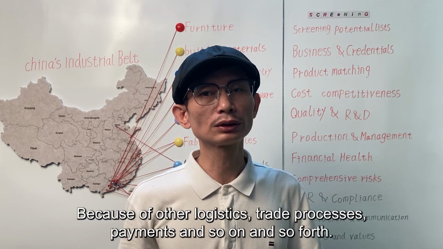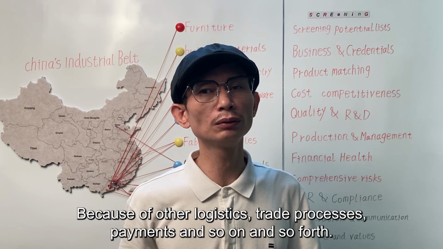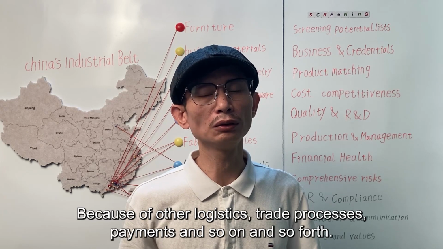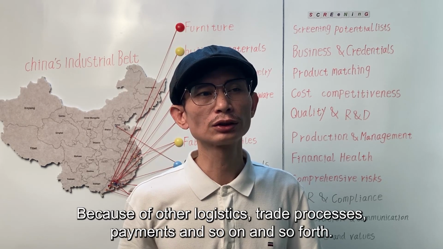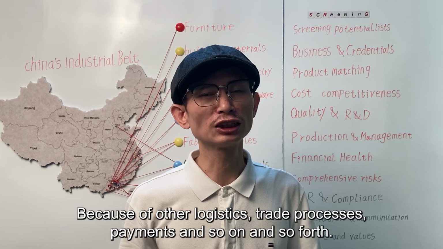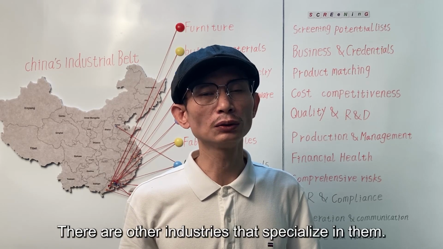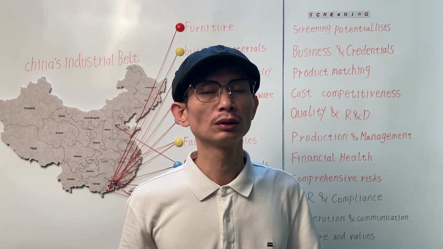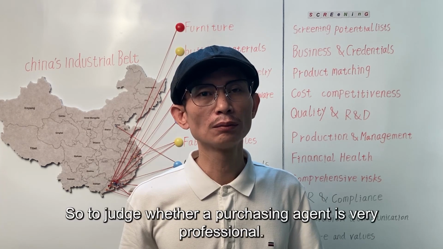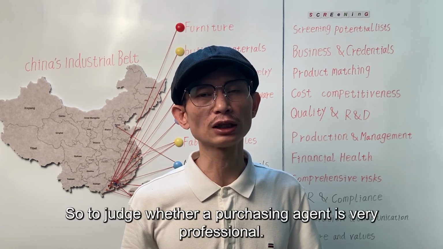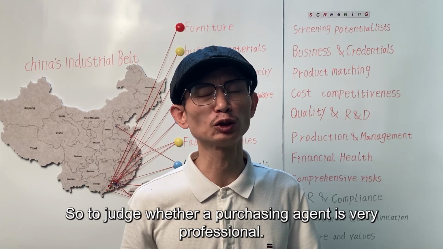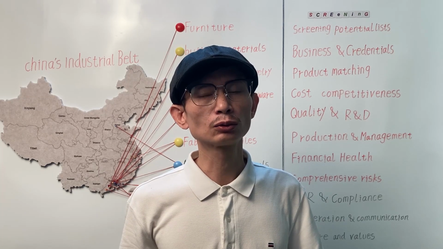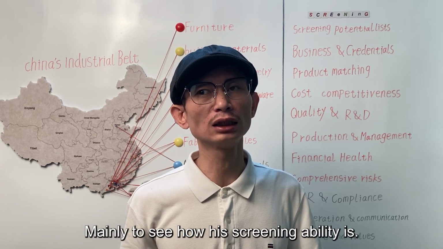Because other logistics, trade processes, payments, and so on, there are other industries that specialize in them. So to judge whether a purchasing agent is very professional, mainly to see how his screening ability is.